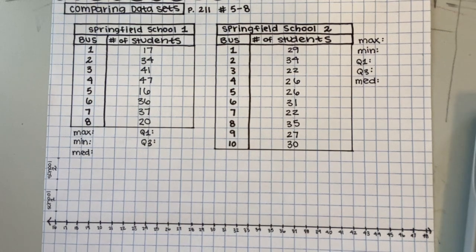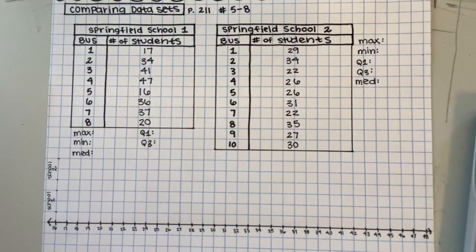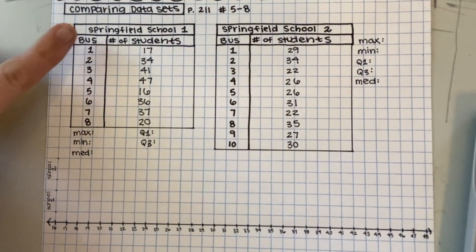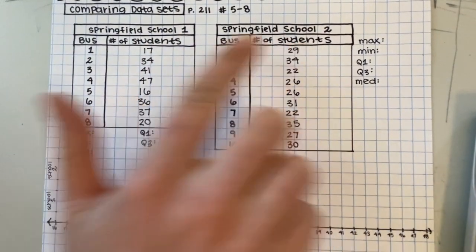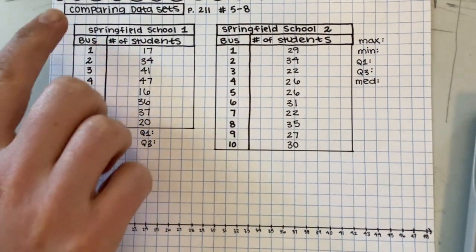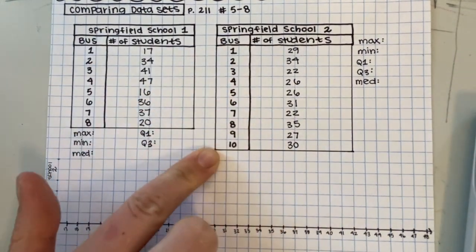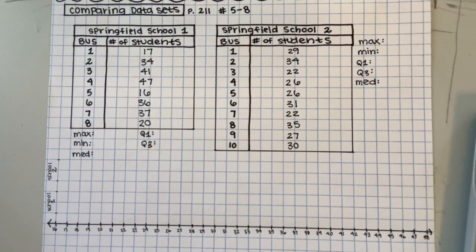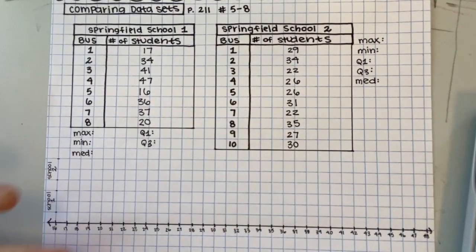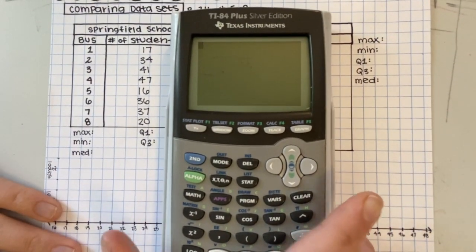So what we're going to use is the example on page 211, where they are comparing two different schools in this Springfield location. We've got school 1 and school 2, and they're comparing how many students ride each bus, where this first school has 8 buses and this other school has 10 buses. So I'm going to create a box plot for each of these.